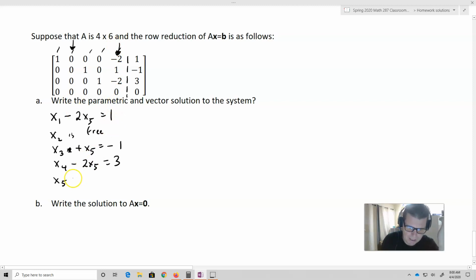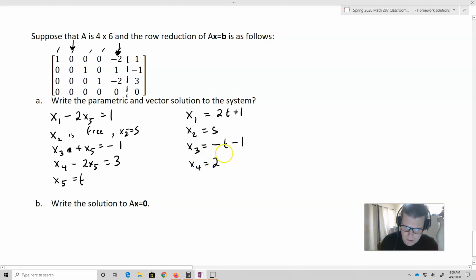We'll let x2 equal s and x5 equal t. So now x1 equals 2t plus 1. x2 equals s. x3 equals negative t minus 1. x4 equals 2t plus 3. And x5 is simply equal to t.